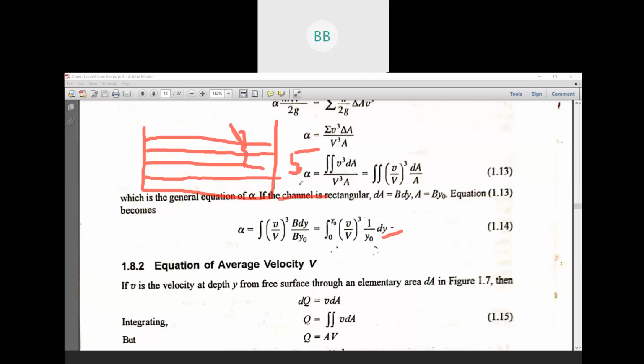Your depth cannot be greater than 5 for that particular small elementary area. That is why we have a limit from 0 to y naught, as y naught is the maximum depth. We are integrating with respect to y, so dy, and your limit should be from 0 to the maximum, which is 5 if the depth is 5. That is why your maximum limit is y naught.